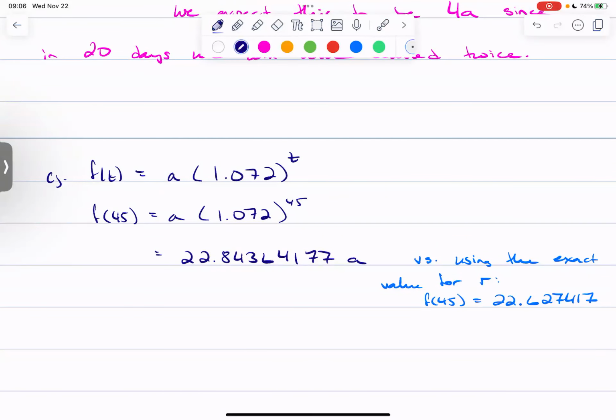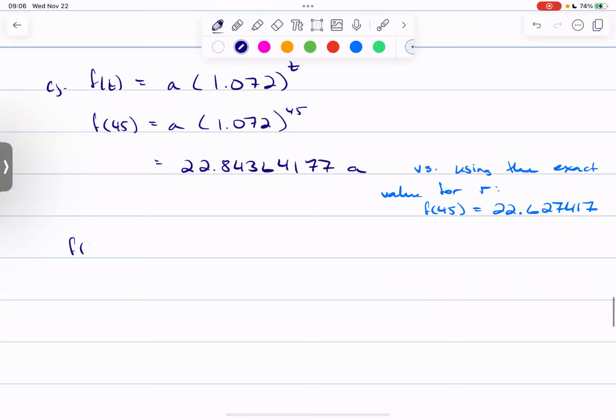I'm gonna do it. f of 40. And I still didn't store it. 2 to the 1 over 10 is 16.